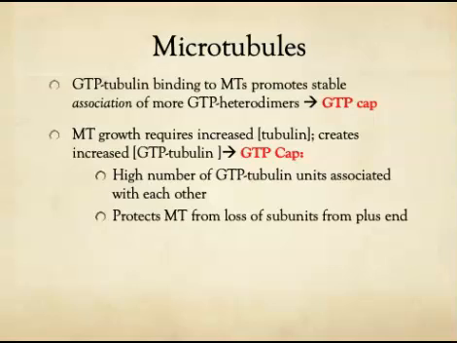Now, in order for a microtubule to grow, to get longer, there has to be plenty of tubulin around. So the concentration of tubulin has to be relatively high in the cell. As long as there's plenty of tubulin around, then there will be plenty of GTP-bound tubulin around, and you'll develop this GTP cap at the plus end.